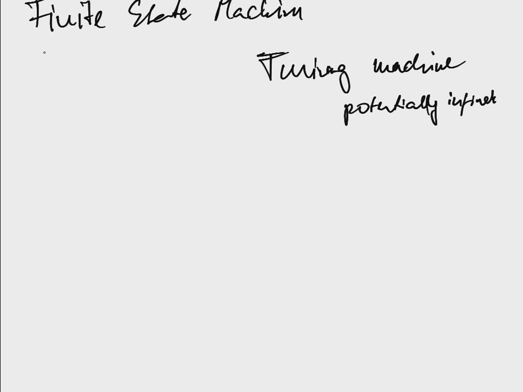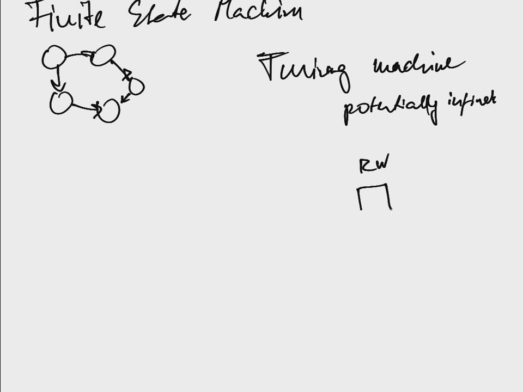because a finite state machine usually is represented as a state machine diagram. You have ellipses for states, and then with these directed edges you show how state changes, and you always have a numbered count of these states. But a Turing machine is just a read-write head with a potentially infinite tape.